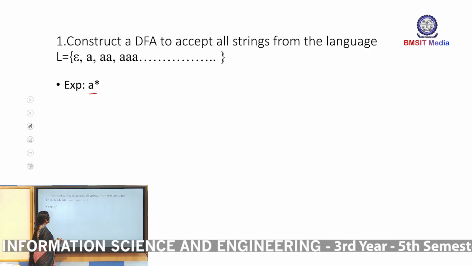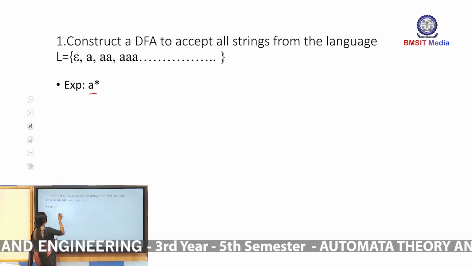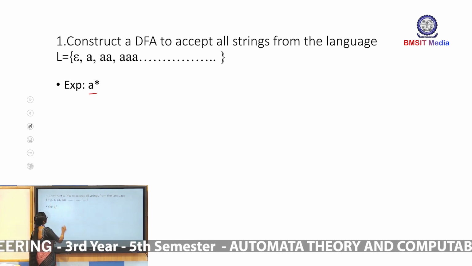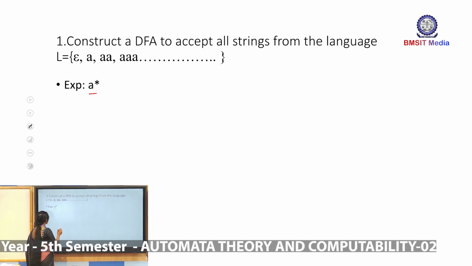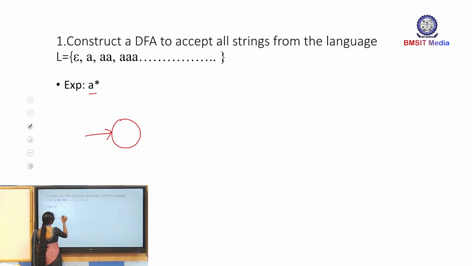To construct the DFA of this, first we have to construct the skeleton of it. In this case, the language must accept epsilon. So we will start constructing a DFA to accept epsilon, and this is the notation that was used to accept epsilon.